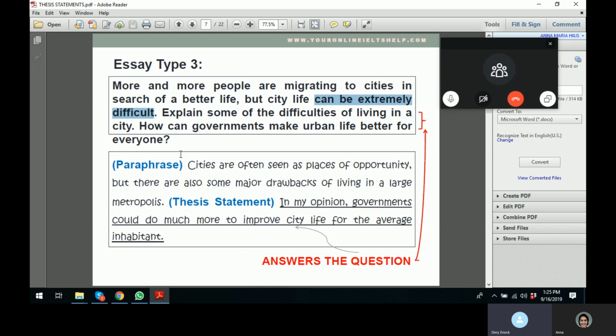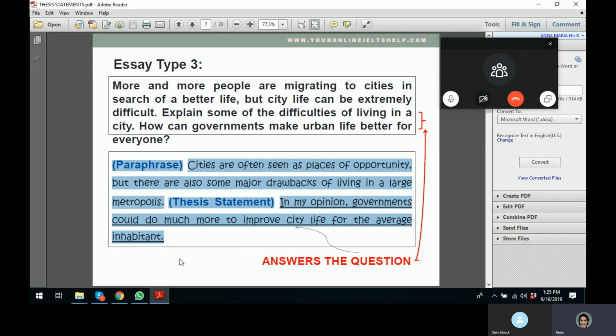Explain some of the difficulties of living in a city. How can governments make urban life better for everyone? All right. So you need to answer this part here, Explain. You also need to answer the second question. How can governments make urban life better for everyone?